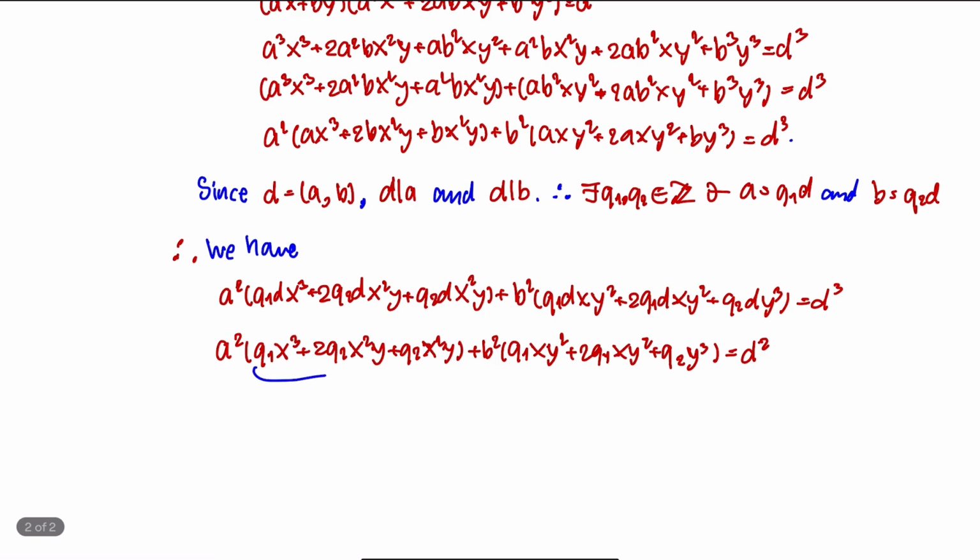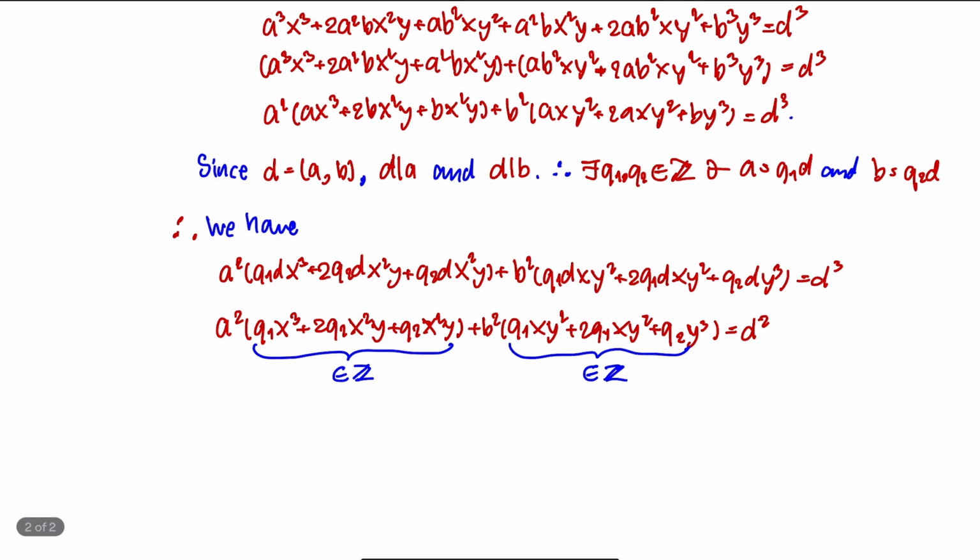And these are integers, okay, these are integers, right?